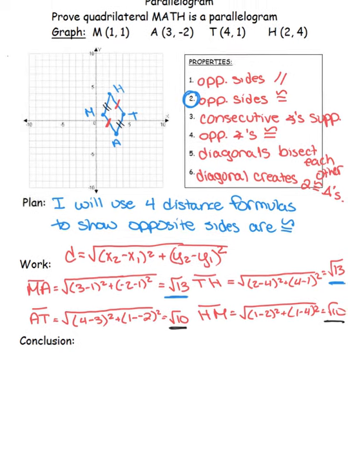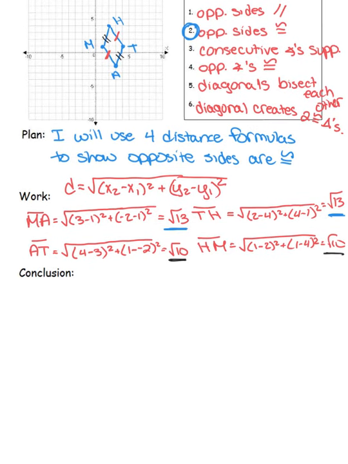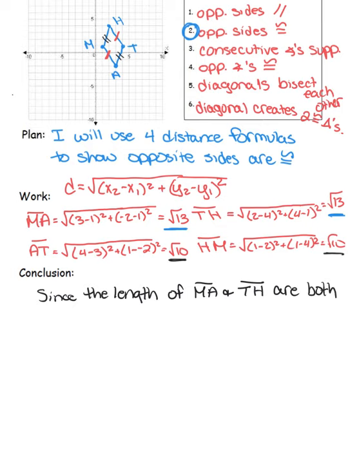When we write our conclusion, it seems annoying and it seems obnoxious. You're explaining what your work shows. So all you have to do is write, since the length of MA and TH are both radical 13, they are congruent.